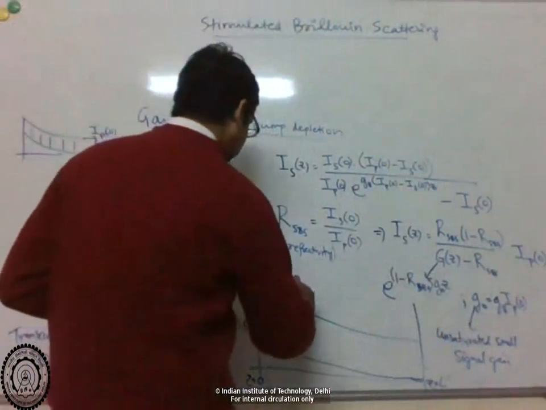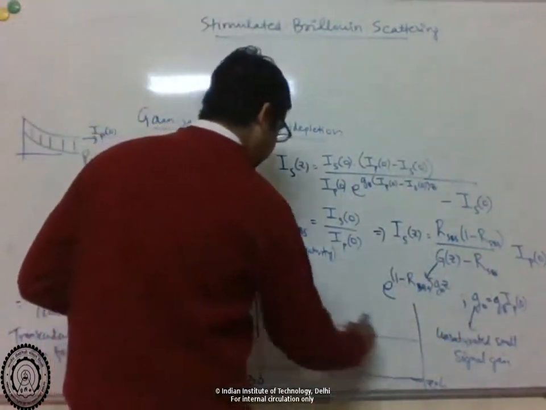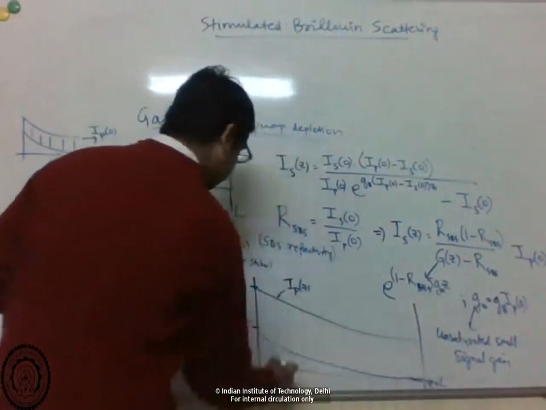So, for example, typical curves you get like this. So IP going down, IS is going up, right?